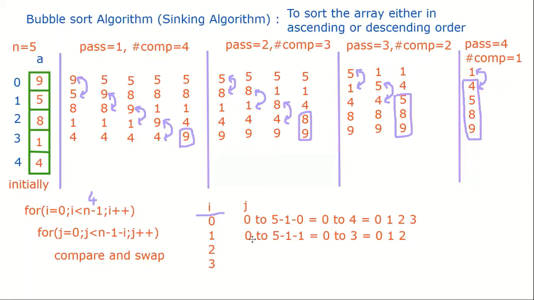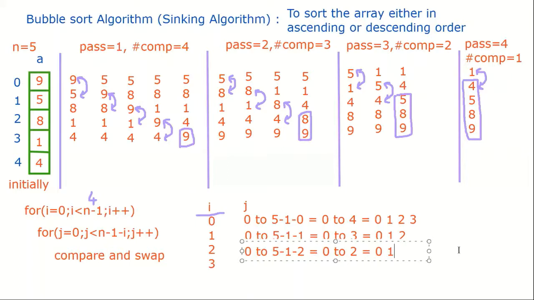Similarly, when i iterates to 2, j comparison starts from 0, 0 to 5 minus 1 minus 2, which is nothing but 0 to 2, which says j iterates from 0 and 1.